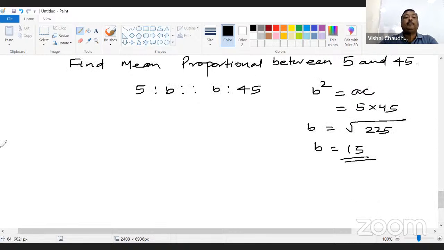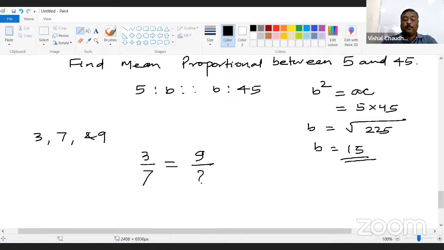Is it clear? Similarly, let's take another question. I have to find the fourth proportional to 3, 7, and 9. So what I have here is 3 by 7 is equal to 9 by question mark.